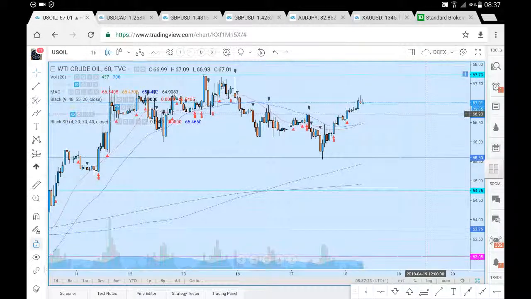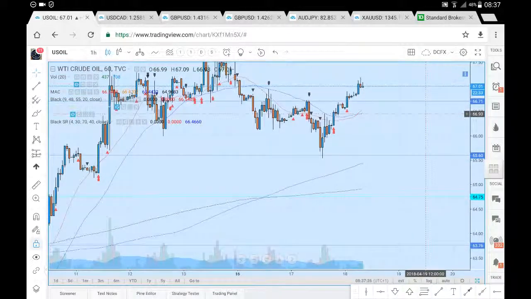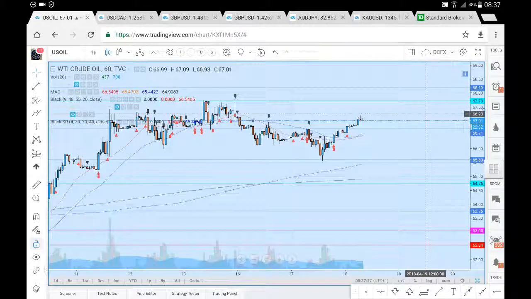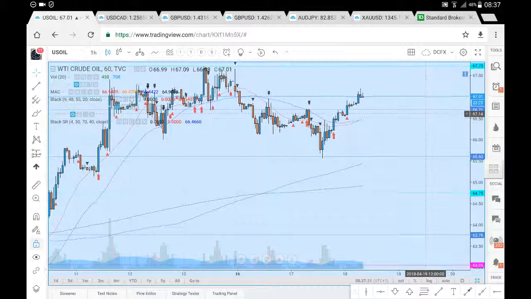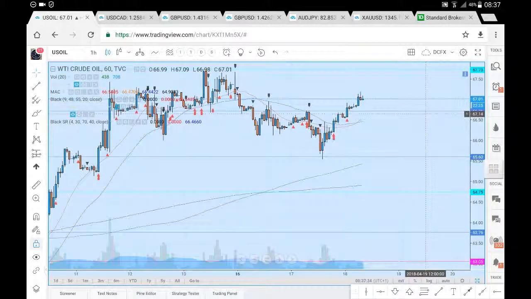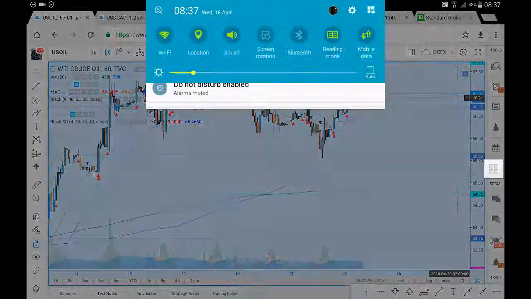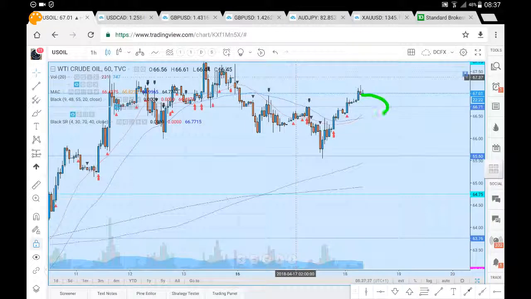That's the very next major level that we are looking at here on the US oil. If we do see that progression beyond the 68.19, and we do successfully break above the 67.73.